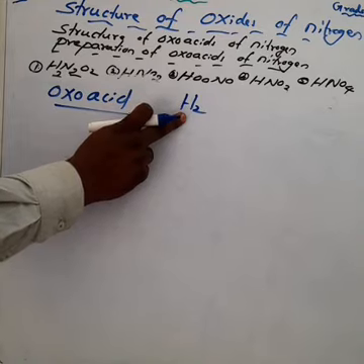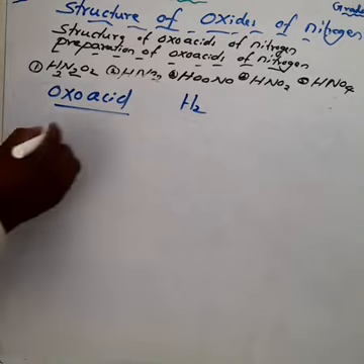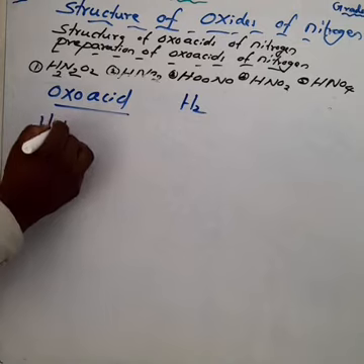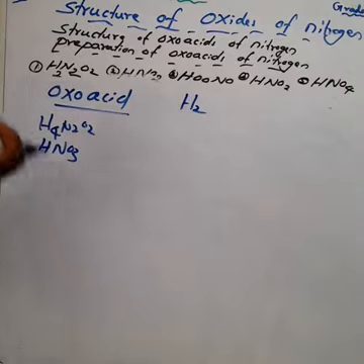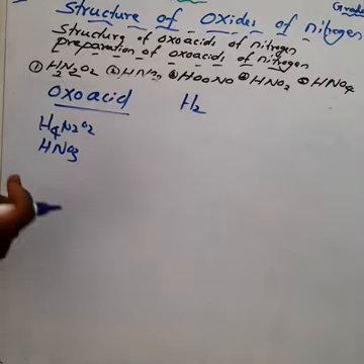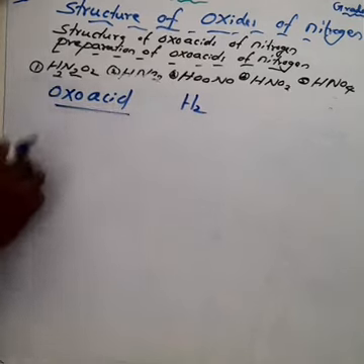So here also there are more than 5 compounds. First one is hyponitrous acid. Second one hydronitrous acid. Third one nitrous acid. Fourth one pernitrous acid. Fifth one nitric acid. Sixth one pernitric acid. Like that you have to have. Am I right? So what is the formula of hyponitrous acid?